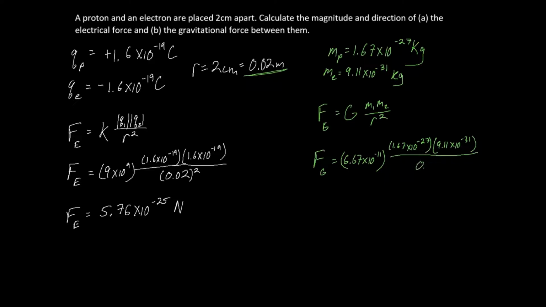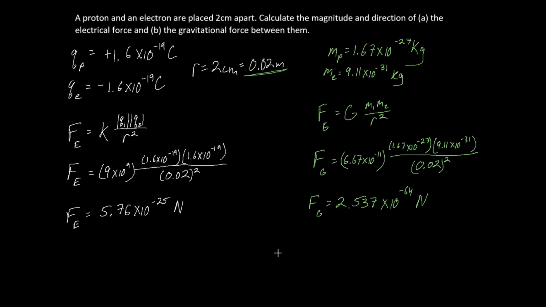Again, all over 0.02 squared. Be very, very careful plugging in all this stuff into your calculator as well because it is very easy to make a mistake. And once you plug it all in, you'll find out you've got 2.537 approximately times 10 to the negative 64 newtons.